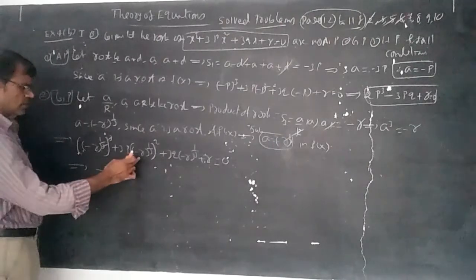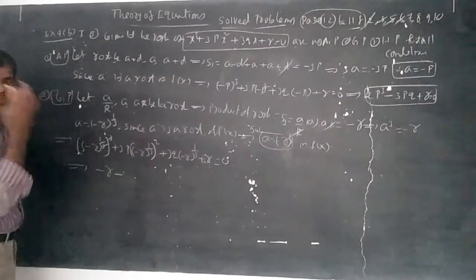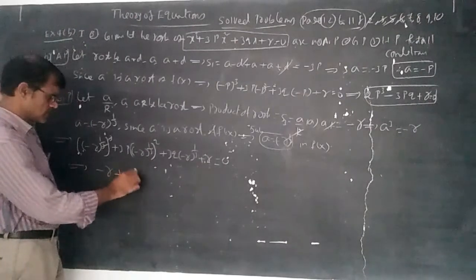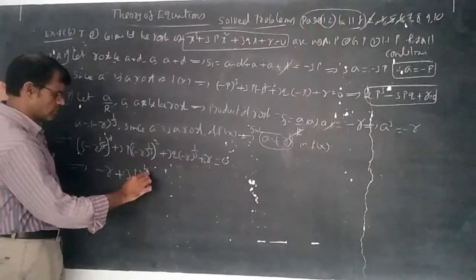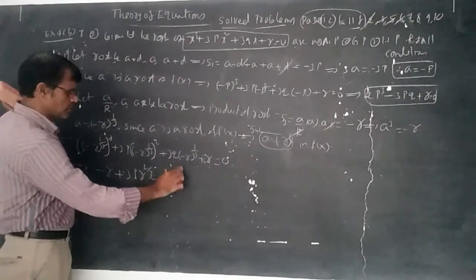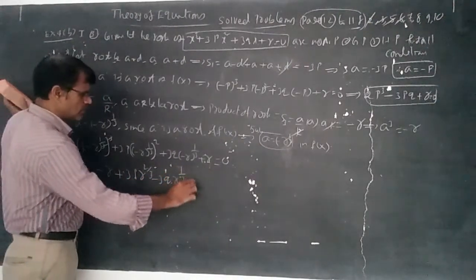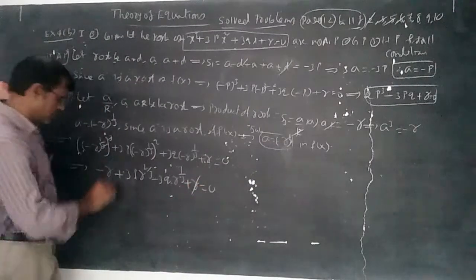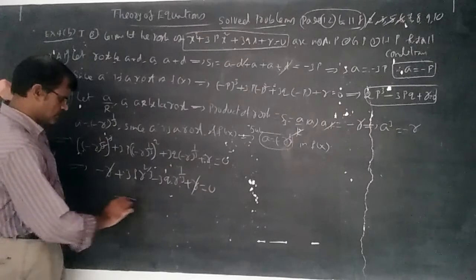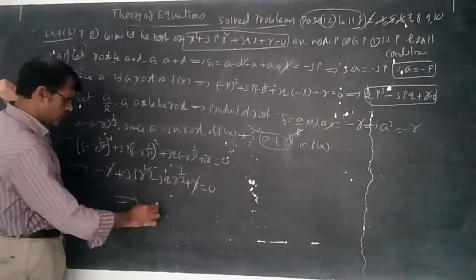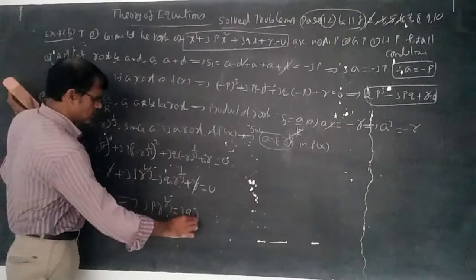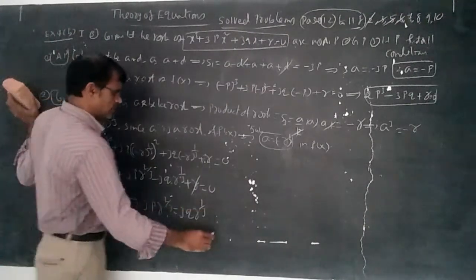(Minus r power 1 by 3) whole square becomes plus r power 2 by 3. So this is 3p r power 2 by 3, minus 3q r power 1 by 3 plus r is equal to 0. Minus r and plus r will be cancelled. Now it becomes 3p r power 2 by 3 is equal to 3q r power 1 by 3.